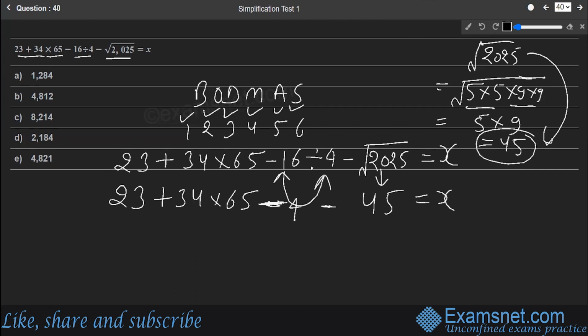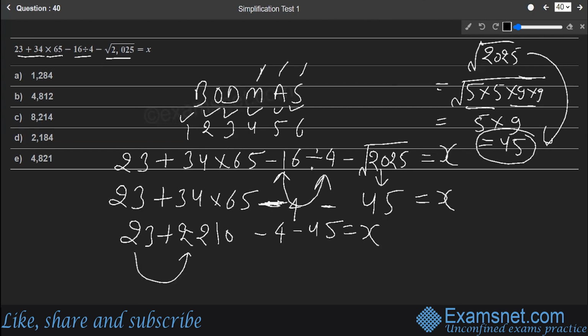23 plus 34 into 65 minus 4 minus 45 is equal to x. Clearly now there is add and subtract left, and there is multiply also. So we're going to do the multiply first. Let us multiply 34 into 65, which will give us 2210. 2210 minus 4 minus 45 is equal to x. Then we are supposed to add, so we can add 23 plus 2210, which gives us 2233.